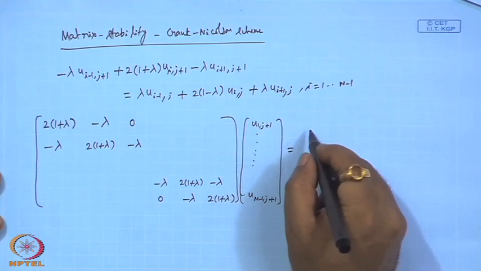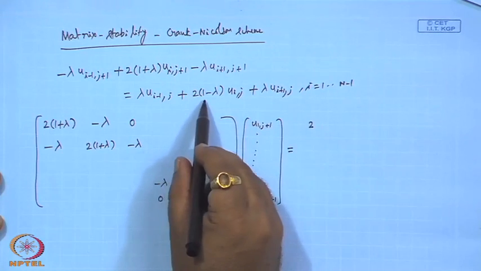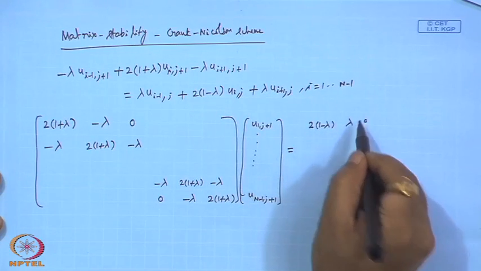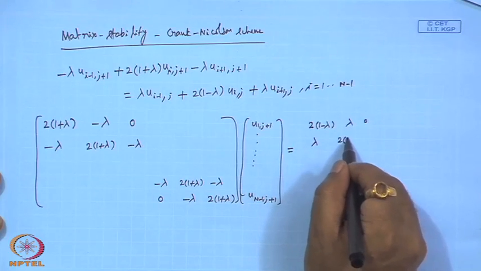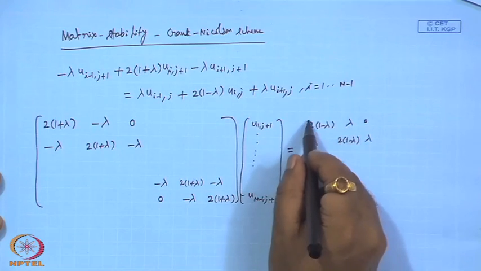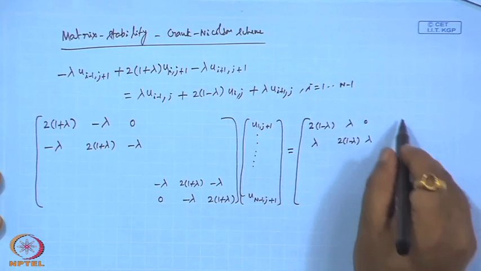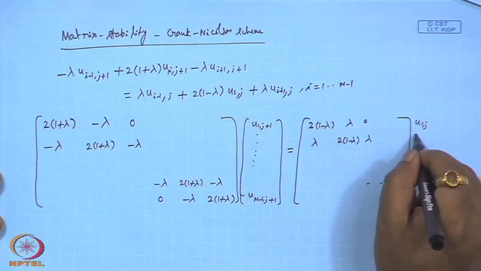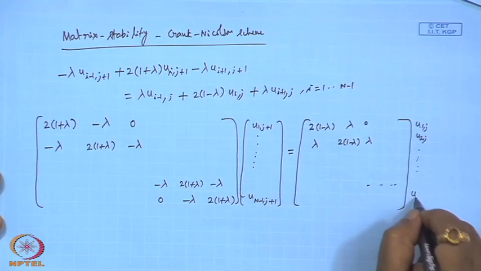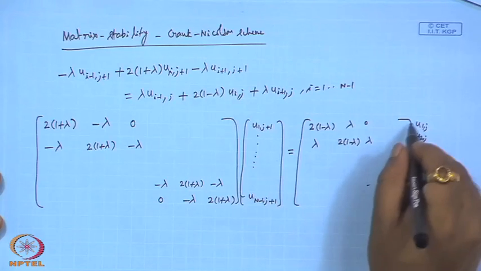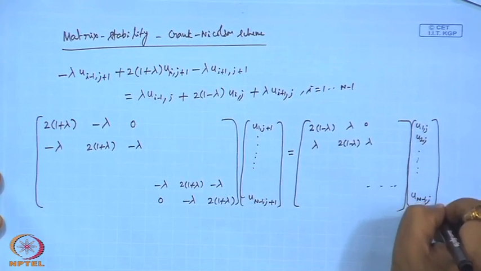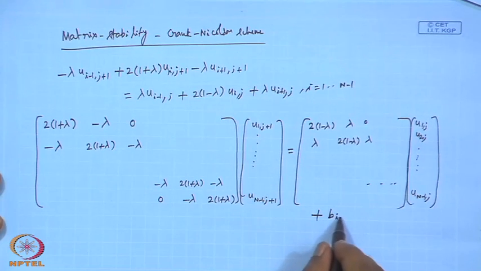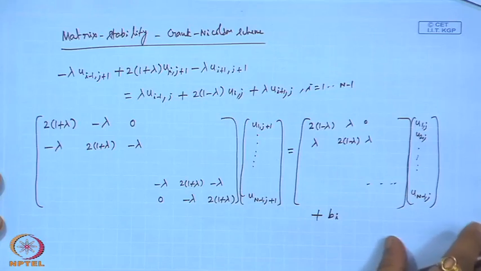This is equal to, you can see here, dot dot dot, u1j, u2j, u n minus 1 j, plus b i. So, this contains boundary values and zeros. Okay.